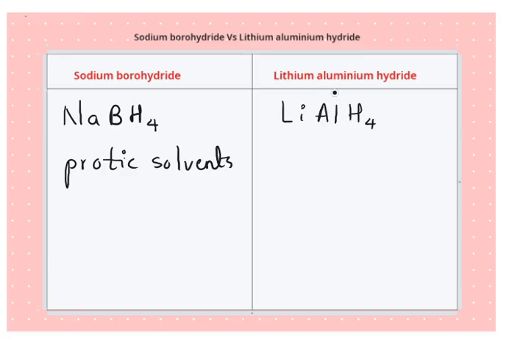But whenever we use lithium aluminium hydride, we can't use the protic solvents because lithium aluminium hydride is a strong reducing agent. It's very, very reactive. Therefore, we can't use protic solvents, hence we have to use an aprotic solvent. What is the best example for an aprotic solvent?